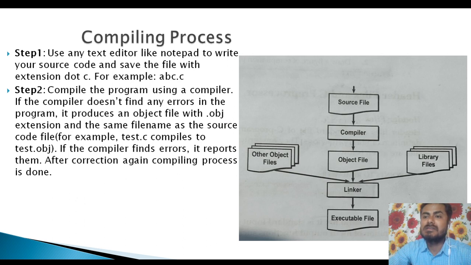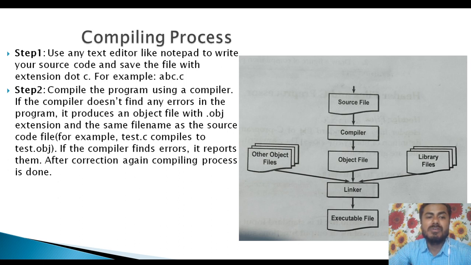So here we can see in this figure, here is our obj file. In the second step, the compiler converts our source file into an object file. For example, test.c compiles to test.obj.